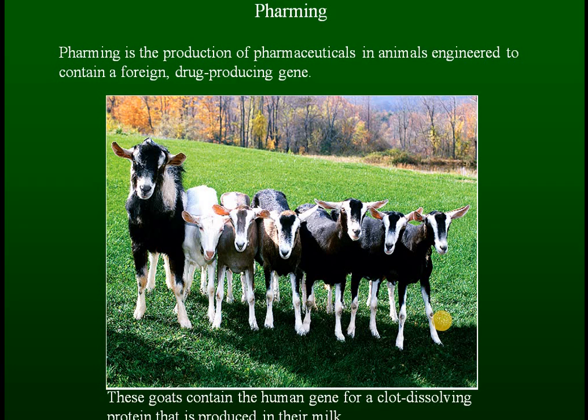So these goats consist of a human gene for a clot dissolving protein that is produced in their milk, so that their milk consists of drug. Their milk is nothing but the drug that is used to dissolve small clots.